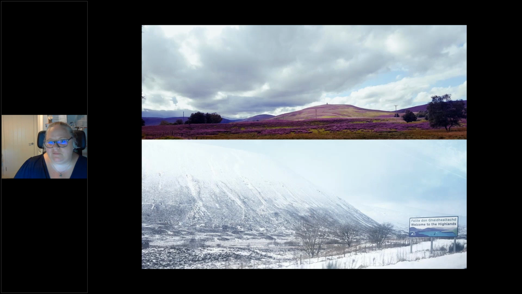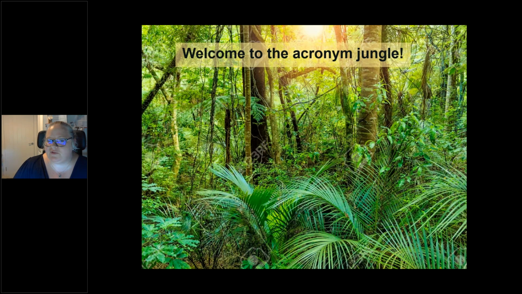And from this, we're going to pretty much straight away go into what I call the acronym jungle. I think it is sometimes quite hard to keep track of all the different acronyms and abbreviations that are used when it comes to diseases of the gut and anything that can cause chronic diarrhea or generally chronic gastrointestinal signs.